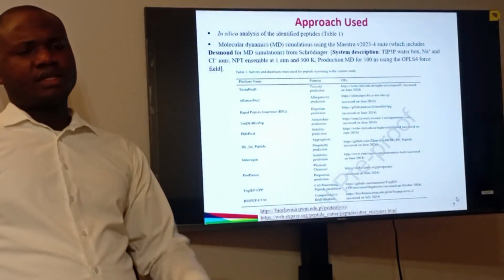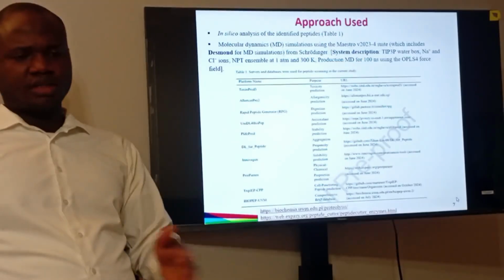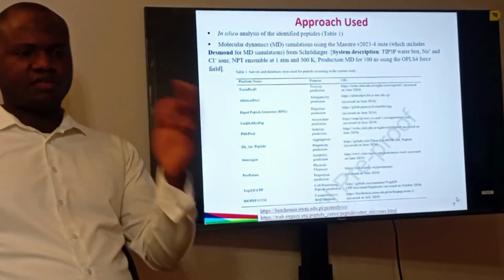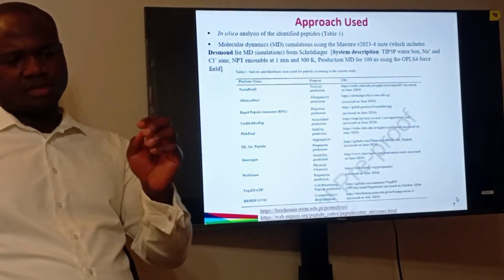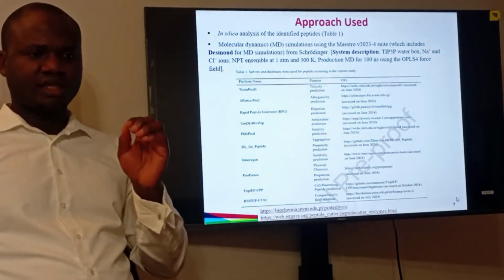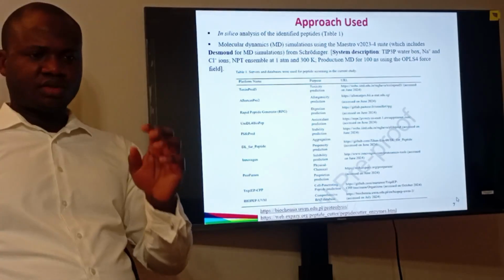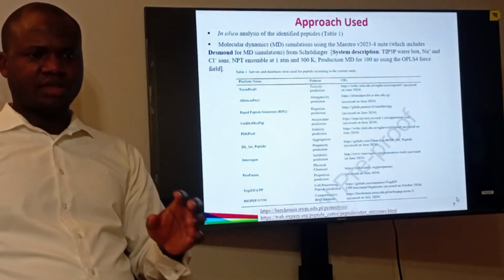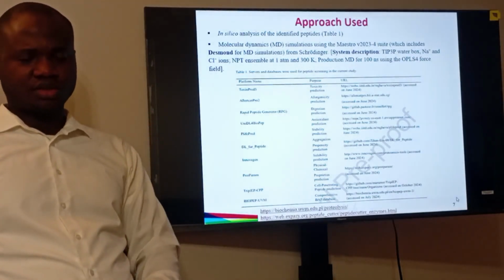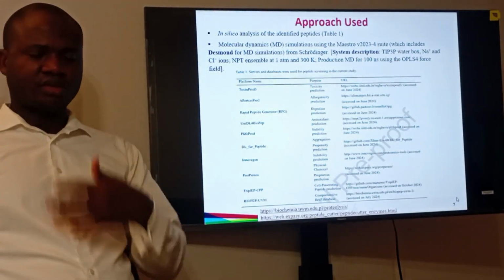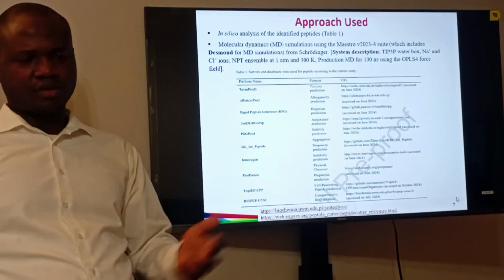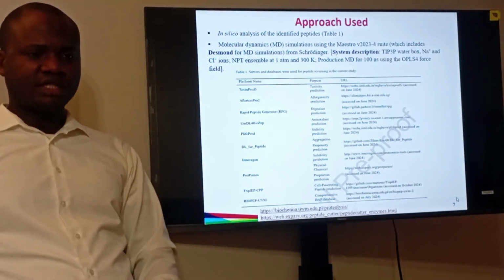After they were able to screen all these peptides, they generated a lot of them. They found some that are biologically relevant, and then subjected those biologically relevant peptides to molecular dynamics simulation in order to understand the stability and conformational state of these peptides.